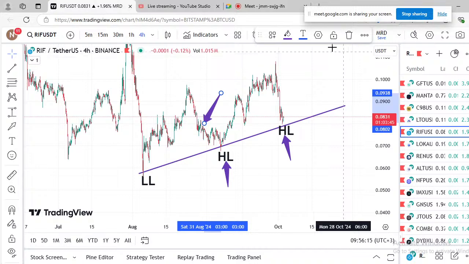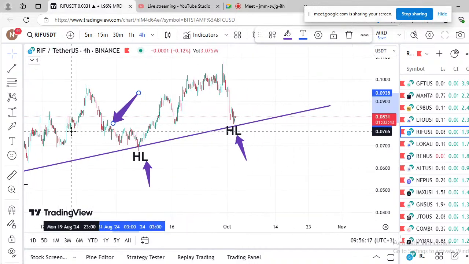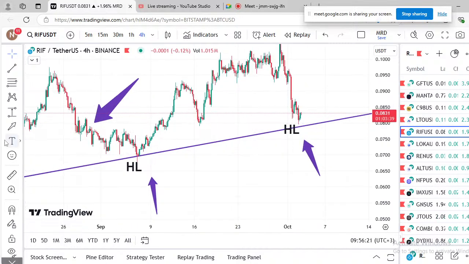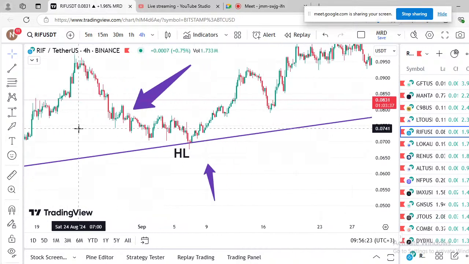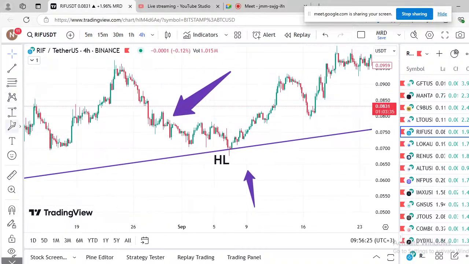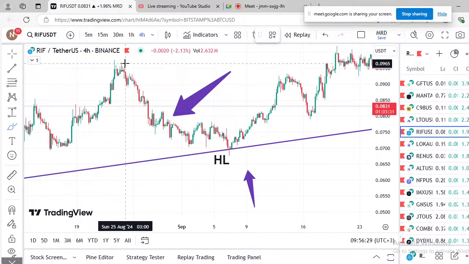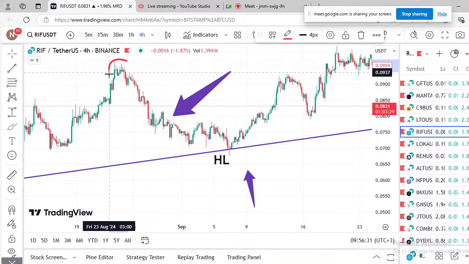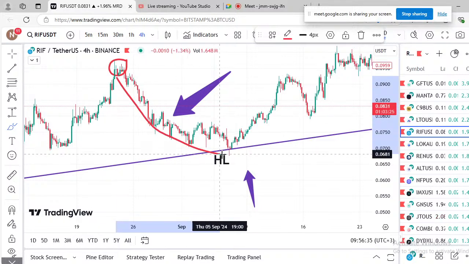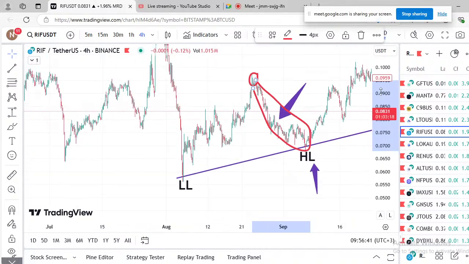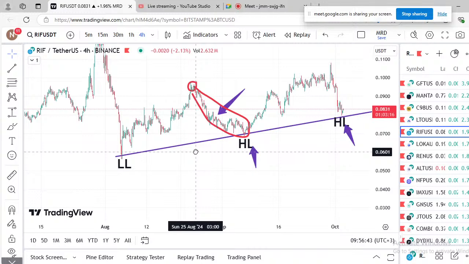For example, at this point, when I zoom very well, there's no one who can't see that this was the downtrend. But when we squeeze the chart, you can't find that it was a downtrend.